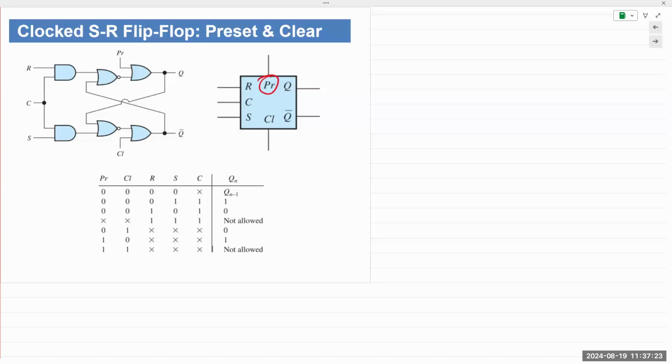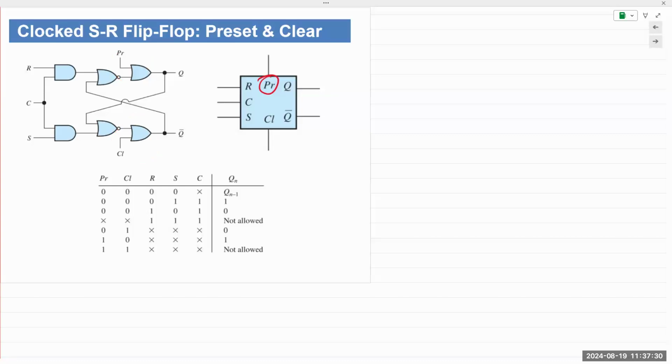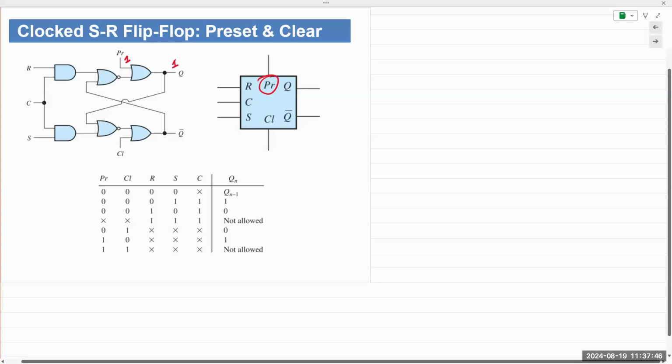And so those are implemented by an OR gate, right? If you apply 1 to one of the inputs of a 2-input OR gate, the output goes high. So if preset is 1, doesn't matter what the other input is, output Q will always remain at 1. If the clear goes to 1, output Q naught goes to 1, Q goes to 0.